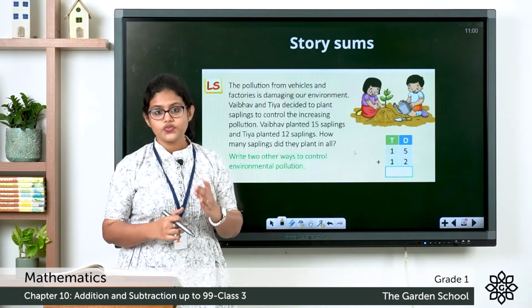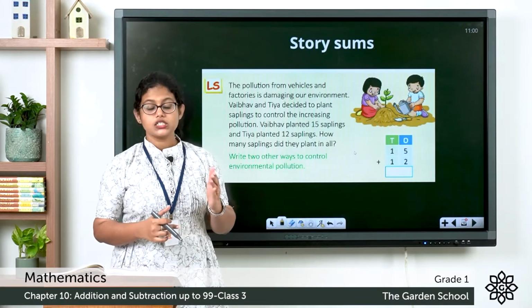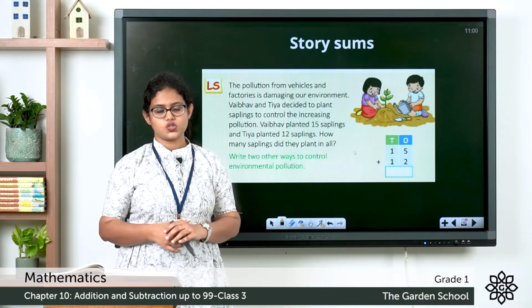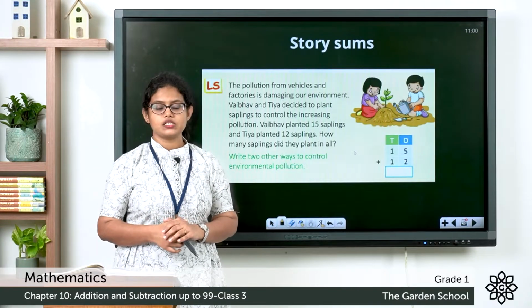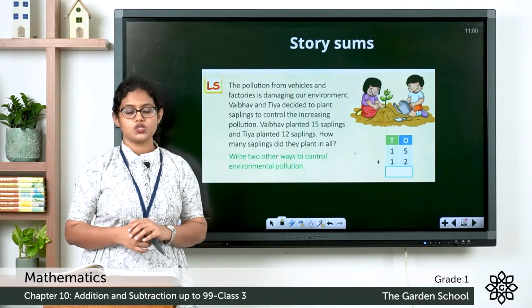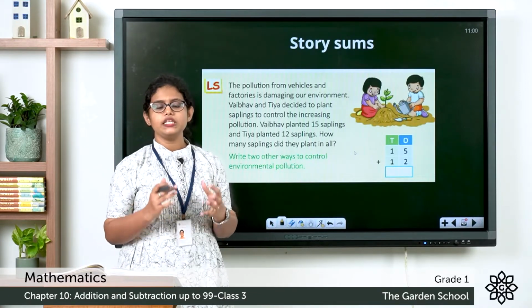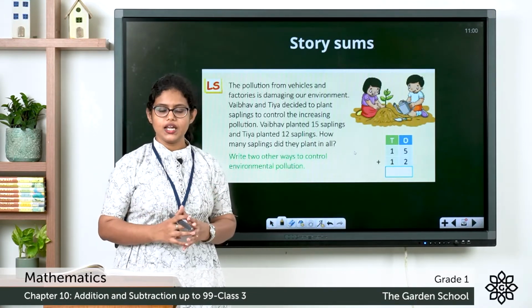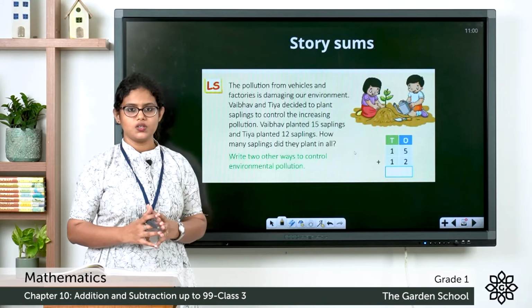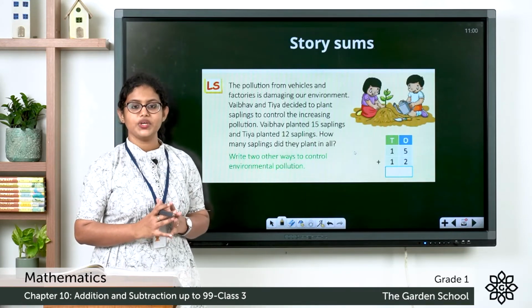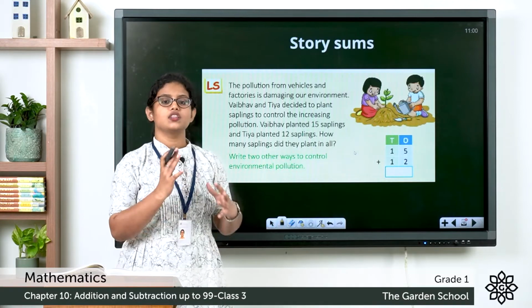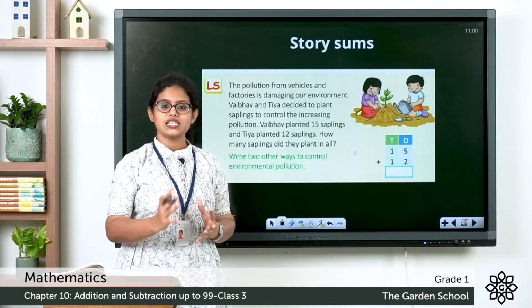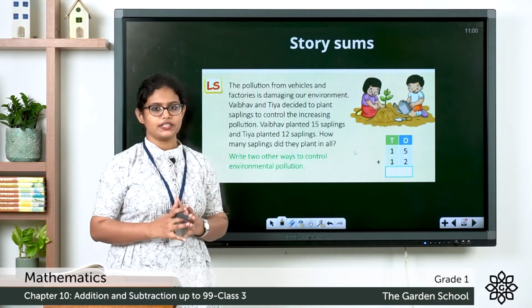He planted 15. And Tia planted 12. So Tia planted 12. How many saplings did they plant in all? So you need to find how many saplings they planted in all. So what we need to do for that? We need to add them together in order to find the total number of saplings planted by them.